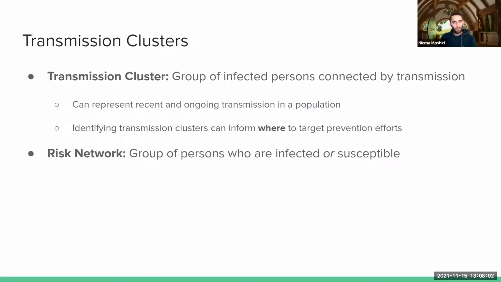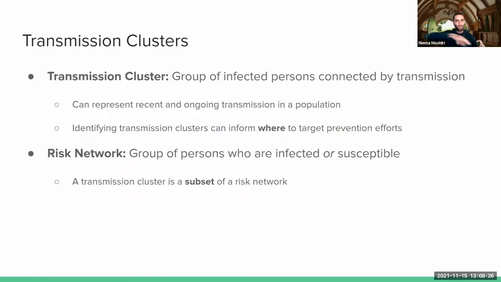And I also want to introduce this term, risk network. A risk network is a group of persons who are infected or susceptible. So it's not only infected people, but also people around the infected people who are susceptible to becoming infected. You can think of a transmission cluster as a subset of a risk network.